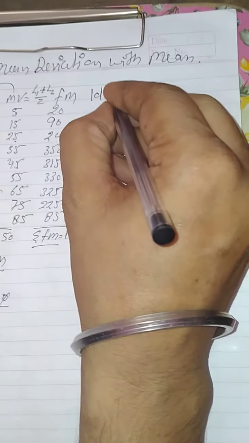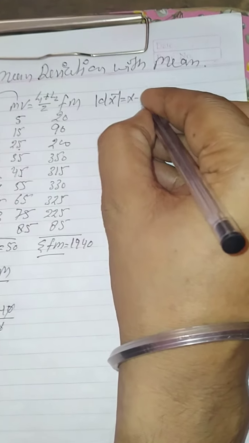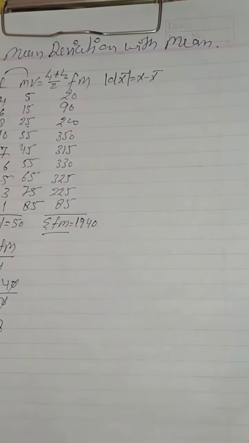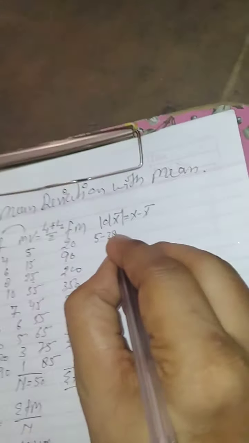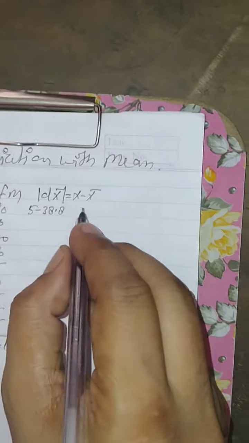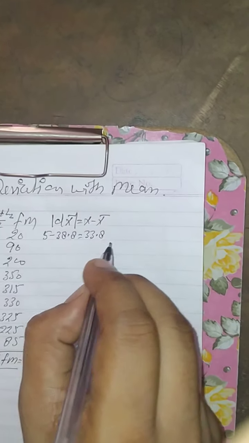After that we will take deviation, |d|. The formula is x minus x bar. 5 minus x bar, 38.8, then it will be equal to 33.8.